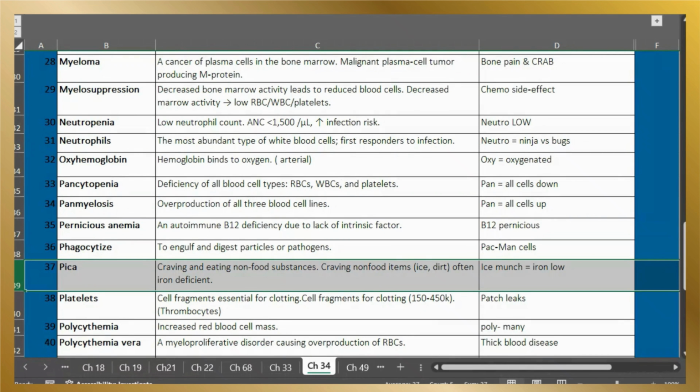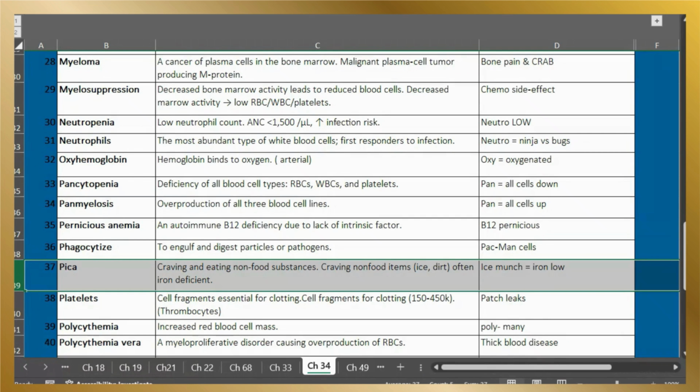Pica, it's another sign, a keyword. Craving and eating non-food substances, craving non-food items, ice, dirt, often in iron deficiency. So they say ice, much iron low.